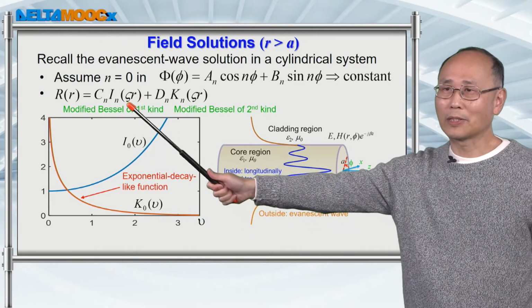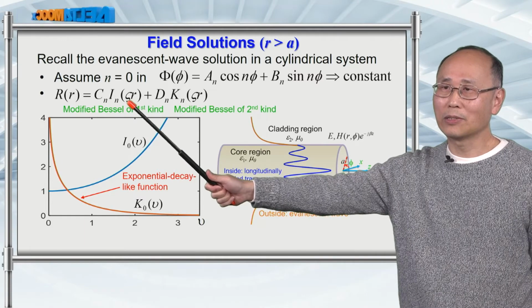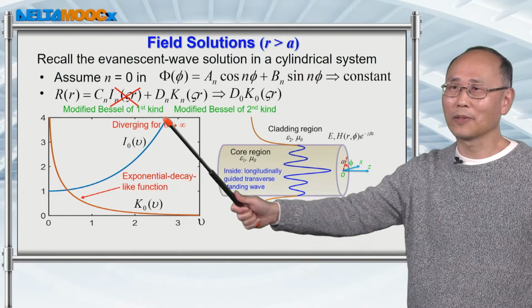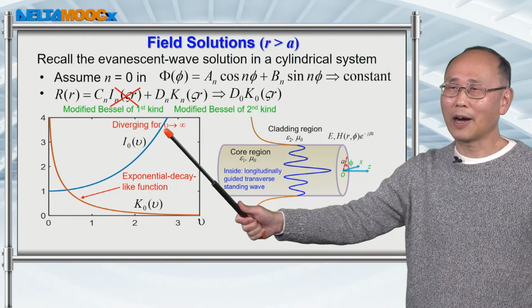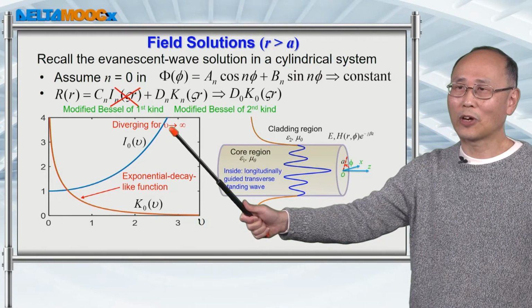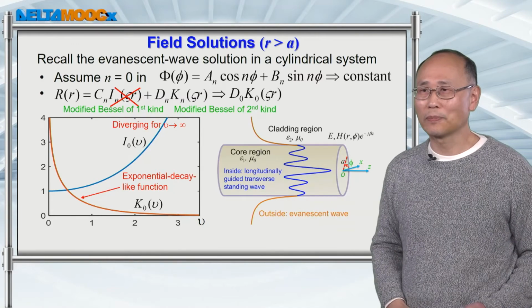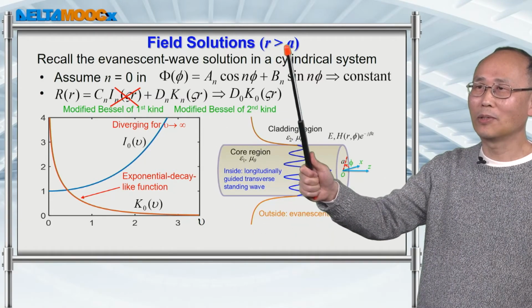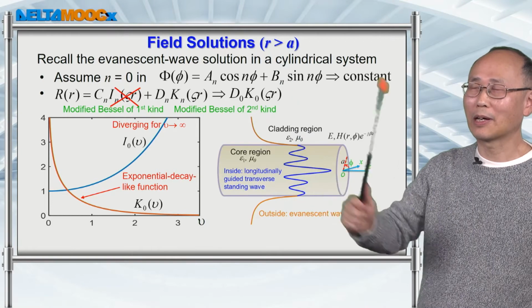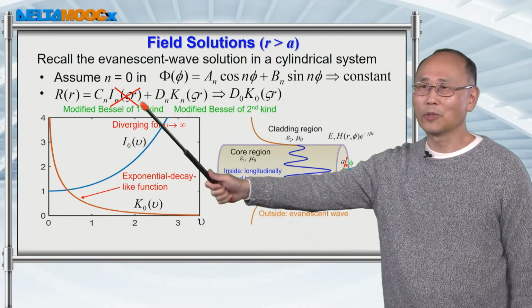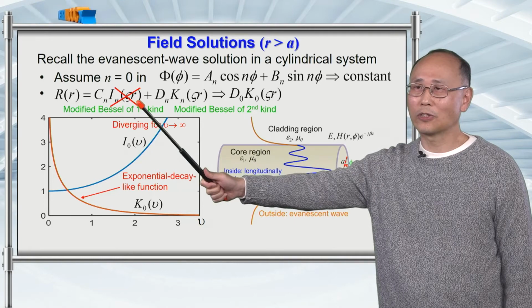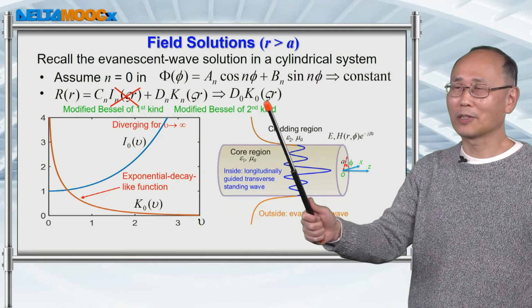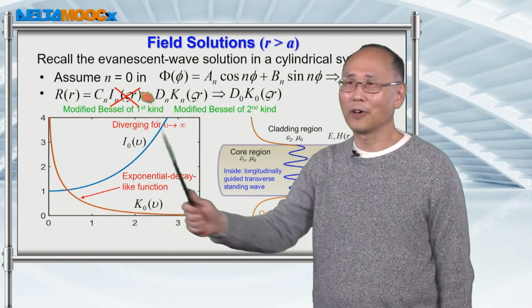But you have to drop this I0(zeta r), because for large r, this modified Bessel function of the first kind will diverge. We are talking about the field that could extend to infinity in r, so we have to remove this solution. This solution is just non-physical. So you keep this solution, and therefore you have this result for R of r.